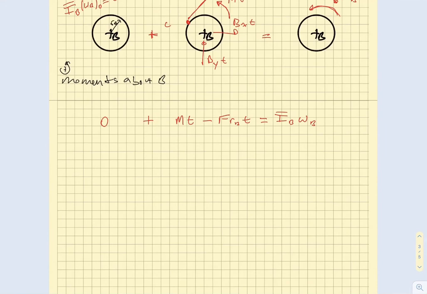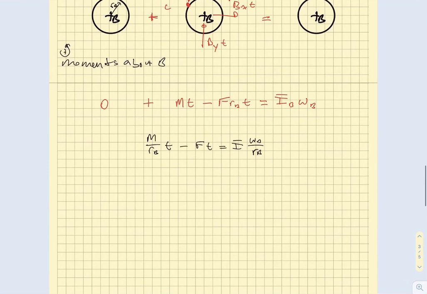So we can rearrange things here. We know the moment, right? And if I divide through by RB, we'd have M over RB T minus Ft is equal to I bar omega B over RB.